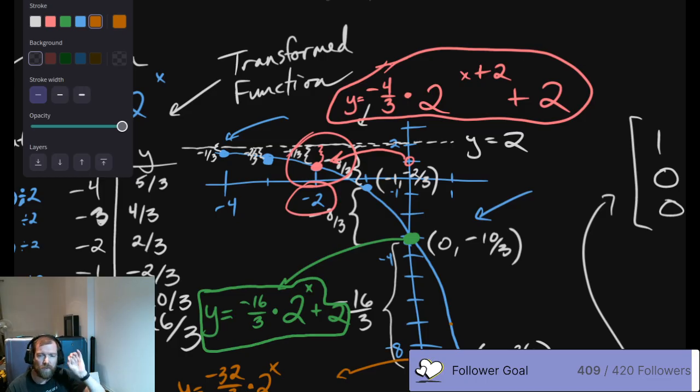So we are now pretending that our initial value of 0 needs to be smaller than it currently is at 1. X equals 1. What if we move this back to 0? What would that do for us? Well, it's going to subtract 1 from our exponent. And then plus 2 again, because our asymptote isn't changing.